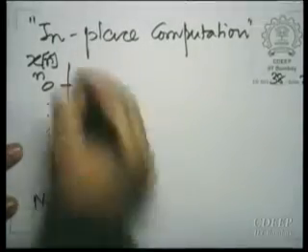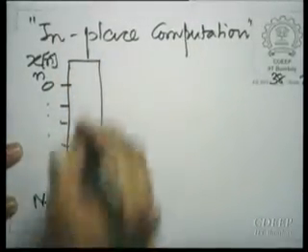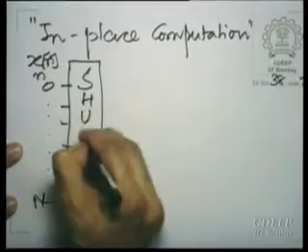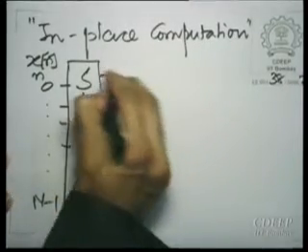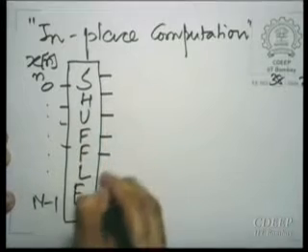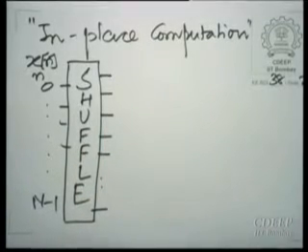First have a shuffler, a reordering device. You shuffle them in such a way as is required for the first set of DFTs, the L point DFTs.